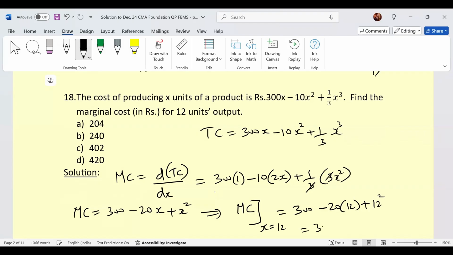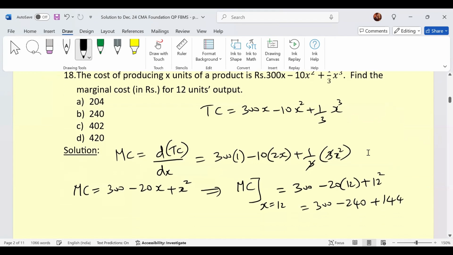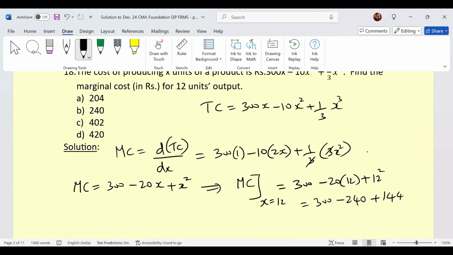So that will give you 300 minus 240 plus 144. Evaluating this, it is 60 plus 144. You get rupees 204. That will be the solution. Further problems, we'll do in our next video.